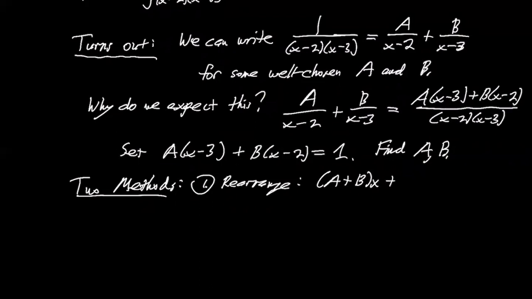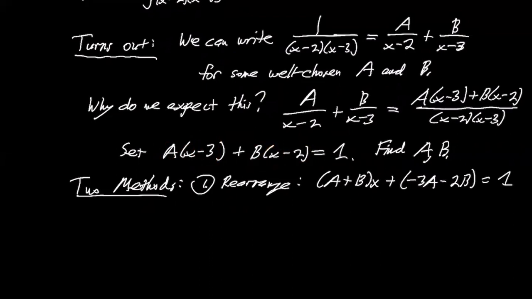And then we also have minus 3A and minus 2B, so that's plus negative 3A minus 2B equals 1.